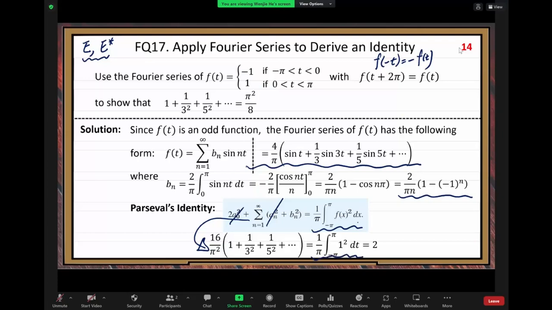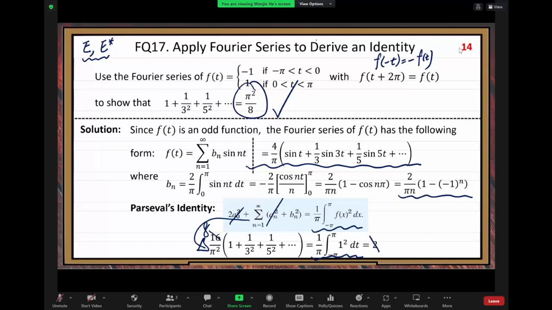It equals 2, the pi cancels out. Then we can do further simplification, and representing the big parenthesis, you get pi squared over 8. That's exactly the identity we want to prove. So we're done. We complete the proof.